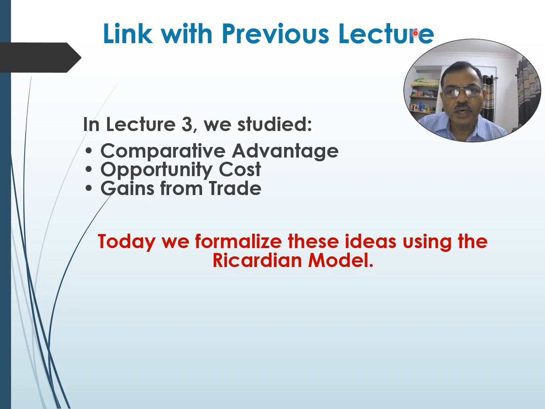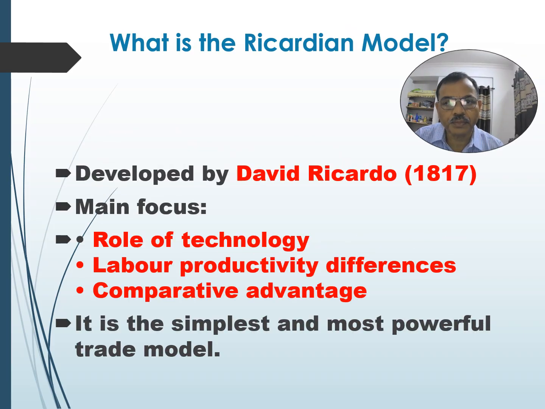So, what exactly is the Ricardian model? The Ricardian model was developed by David Ricardo in 1817. It is essential and central to classical trade theory. Its central idea is simple but powerful.